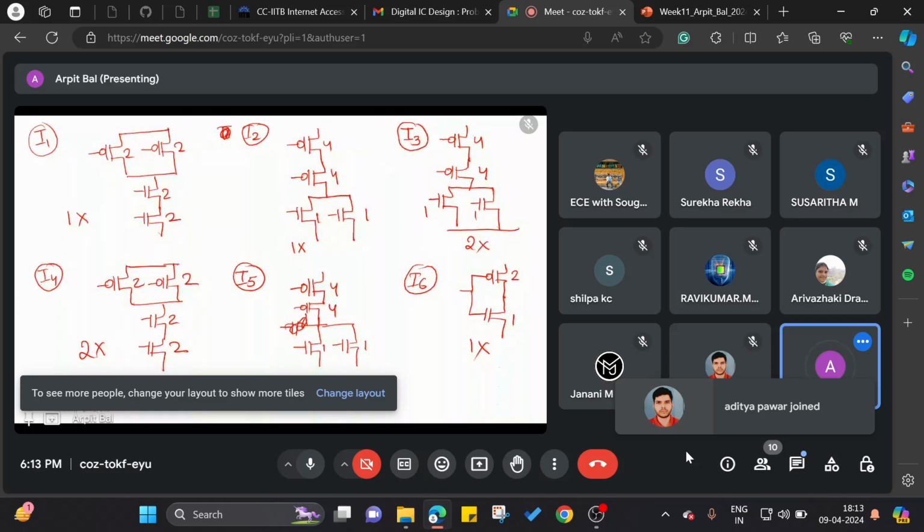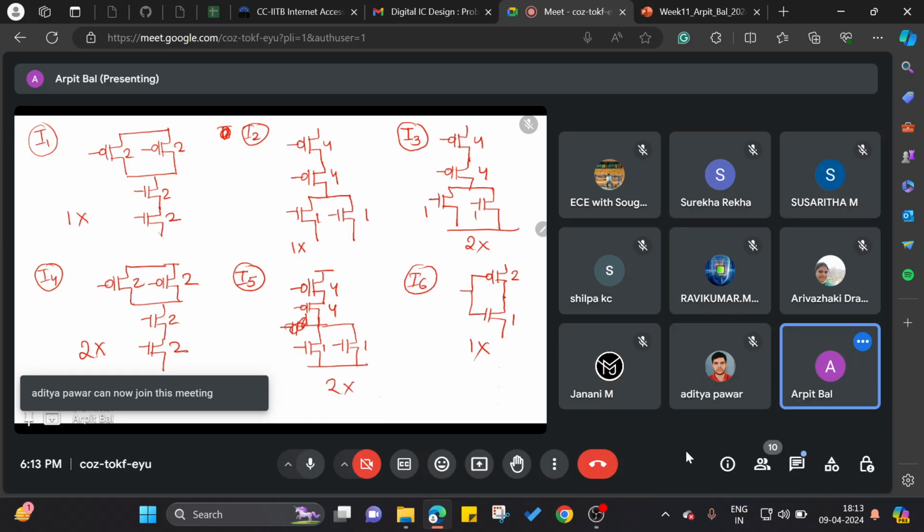Please keep these diagrams handy so that when we are solving for the complete delay and critical path, that will be useful.